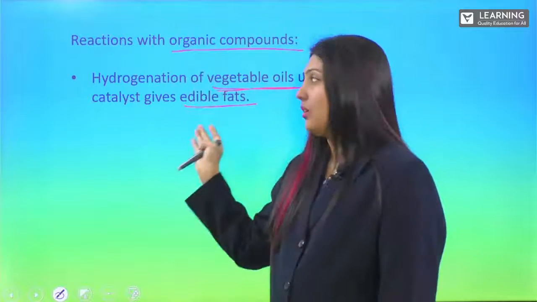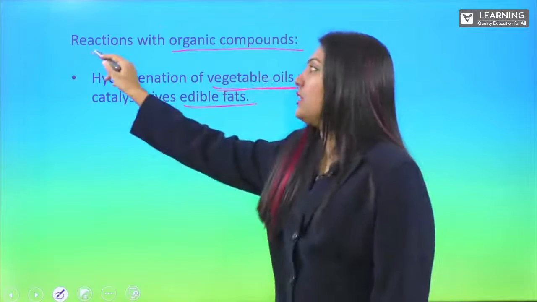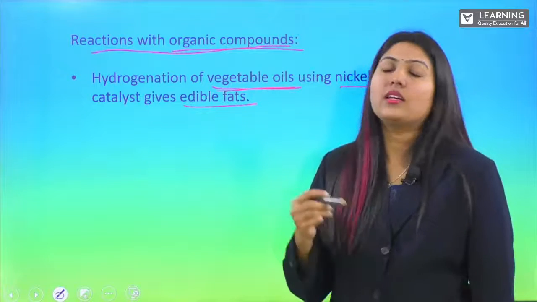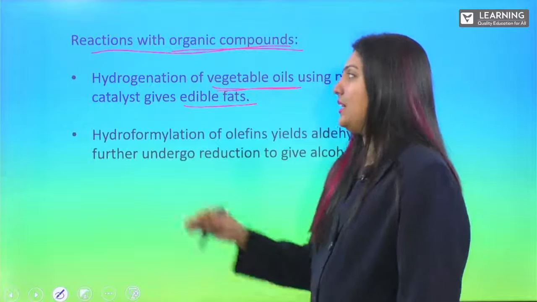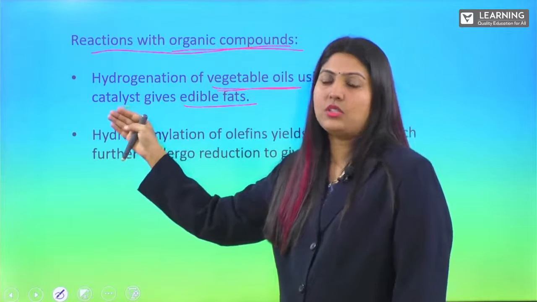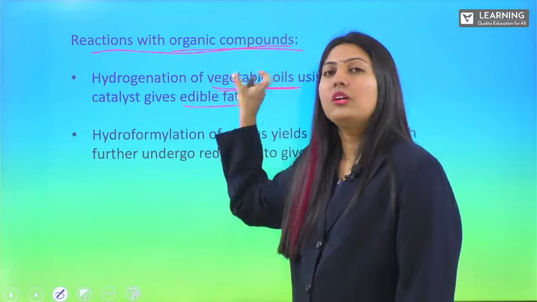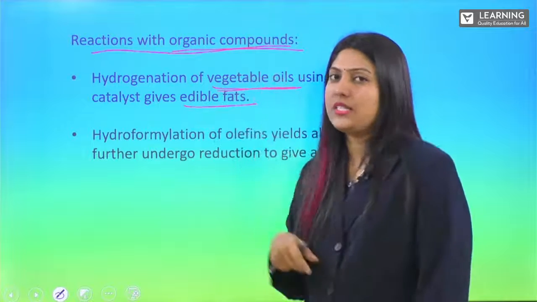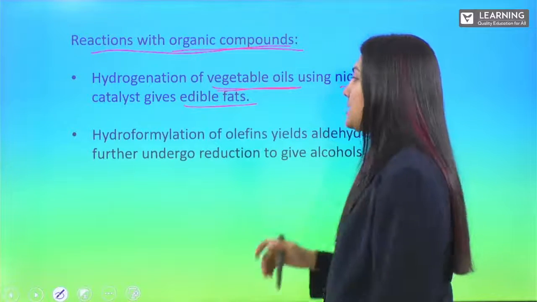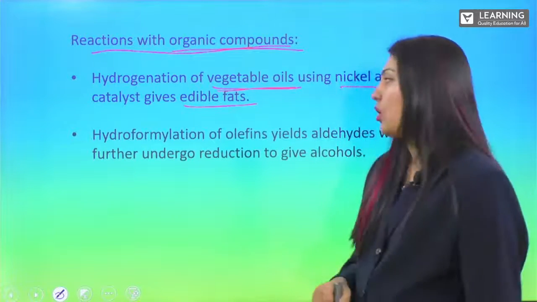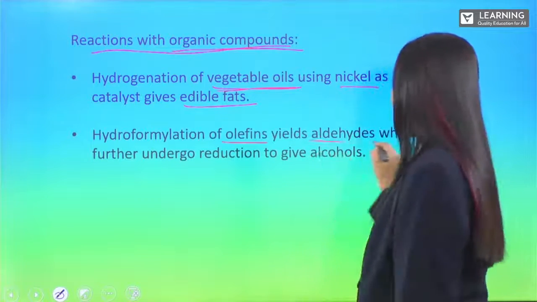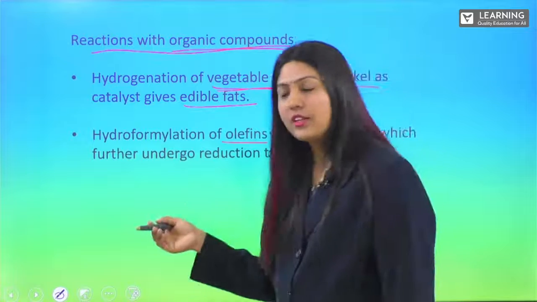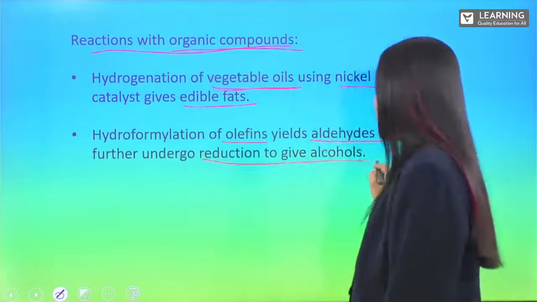That reaction is given by reaction of organic compounds with hydrogen. So we can say the utility of hydrogenation is converting vegetable oils into edible fats. Next, hydroformylation of olefins yields aldehydes, which further undergo reduction to give alcohols.